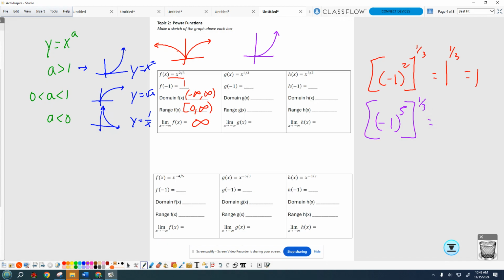What is -1 to the 5th? -1. What is -1 to the 1/3? It is also -1. That's the hard thing, because -1 times itself 3 times is -1. Okay?